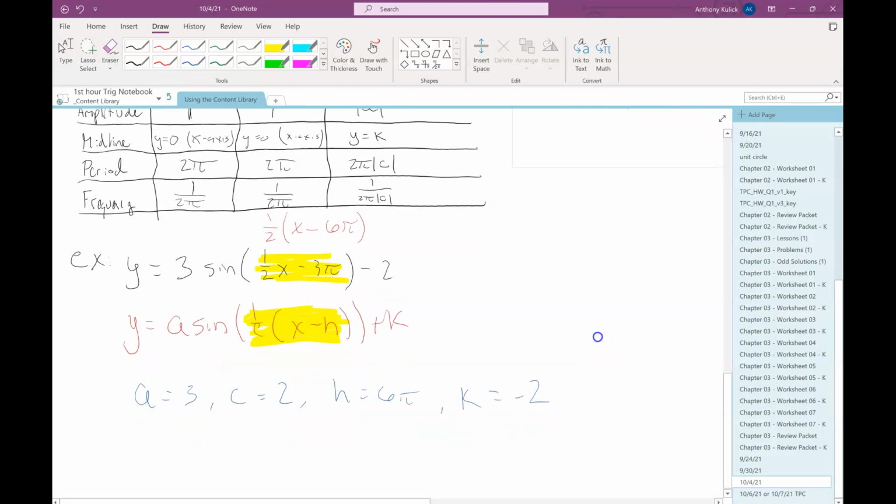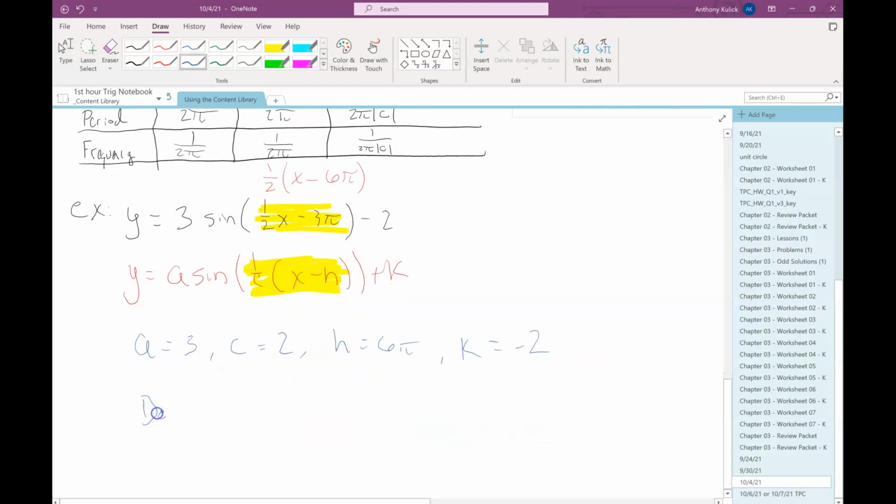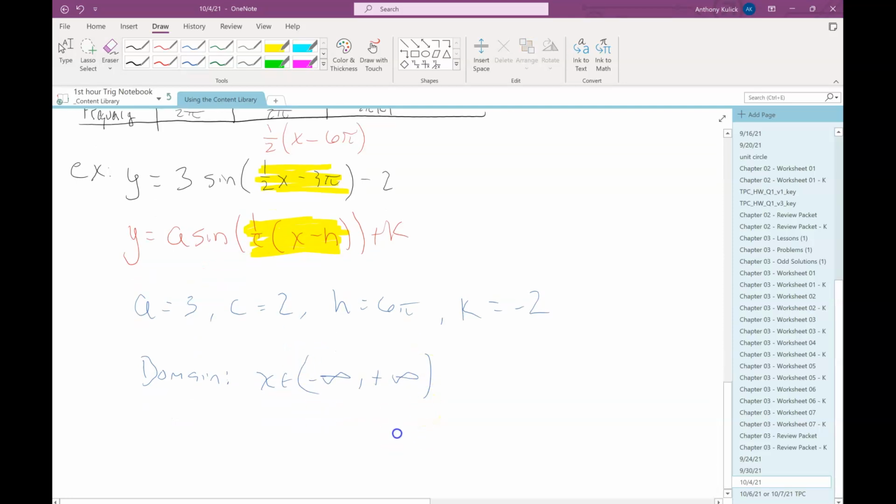So the domain? Well, that's easy. It's always going to be all real numbers for all sine and cosine functions. The range, well, I go over to my table. That's k minus the absolute value of a, comma, k plus the absolute value of a. In our situation, k is -2 and a is 3.